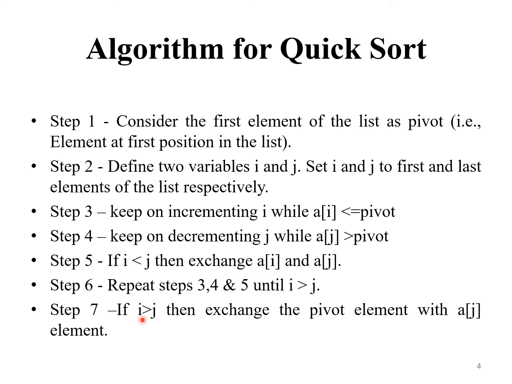But in step 7, if i is greater than j, then we exchange the pivot with a of j. In step 6, repeat steps 3, 4 and 5 until i is greater than j.